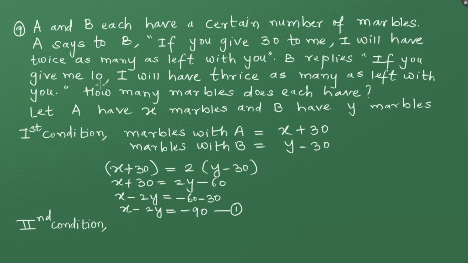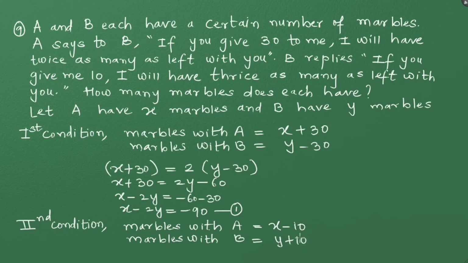So that is, if A gives 10 marbles to B, then the number of marbles with A will be x minus 10 and the number of marbles with B will be y plus 10. So if you give me 10, I will have thrice as many as left with you.